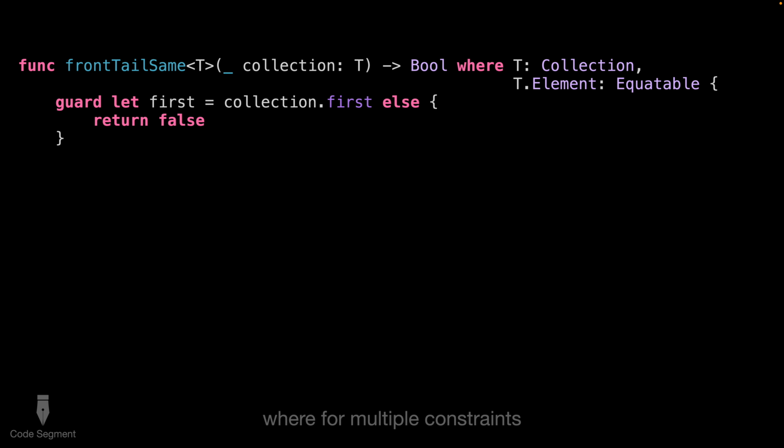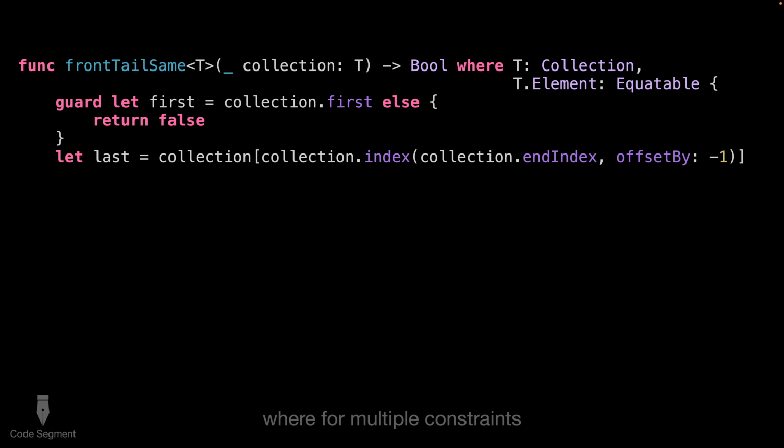So because it has an Element associated type, we can say, oh, cool, we also require that its Element associated type be Equatable, right? Which means that this function is callable when you pass in a collection that, A, conforms to the Collection protocol, and B, the elements of the collection also conform to the Equatable protocol.